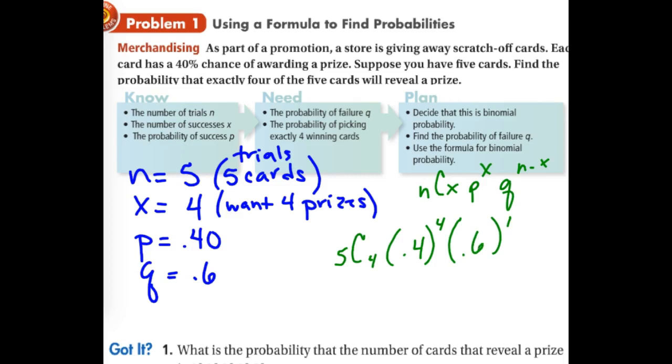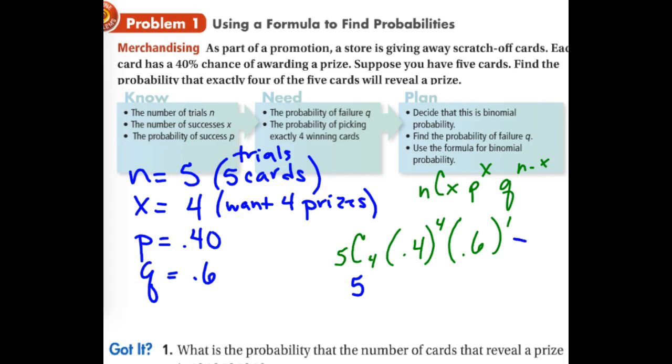So go ahead and grab your calculator and find 5C4. All right, so 5C4, you calculated that. You said that was a 5? Yes? So use your calculators now. Take 5 times 0.4 to the 4th power and times 0.6.